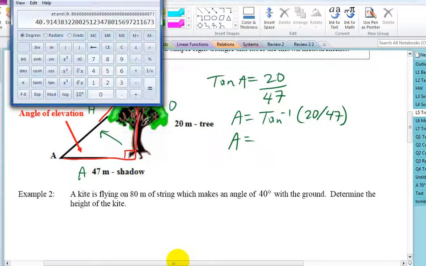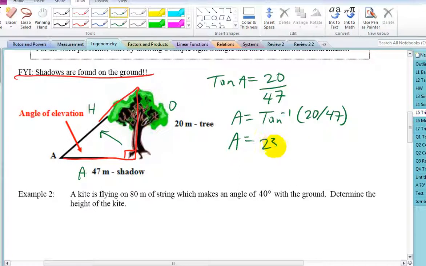Okay, go ahead, do the work. If you need a calculator, come on up. I got 23 degrees, is that right? Yeah. Okay, 23 degrees.